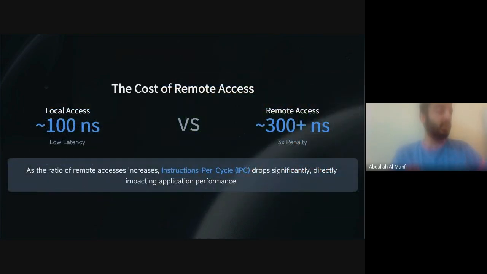As the fraction of remote accesses increases, the instructions per cycle of the application drops significantly, especially for memory-bound workloads.